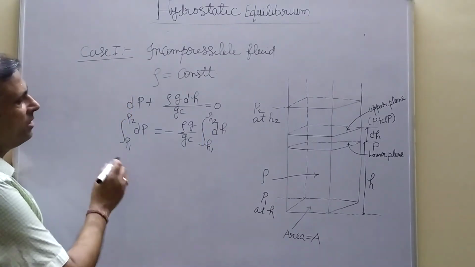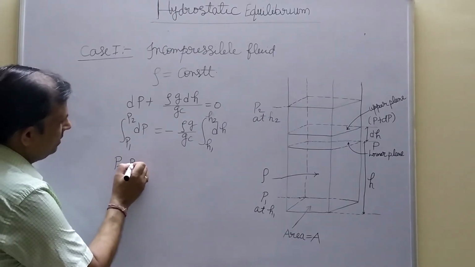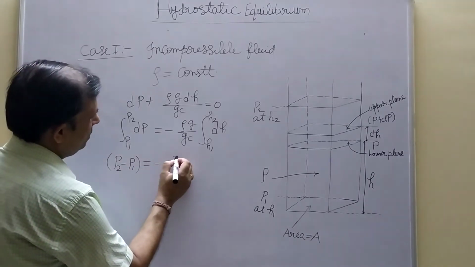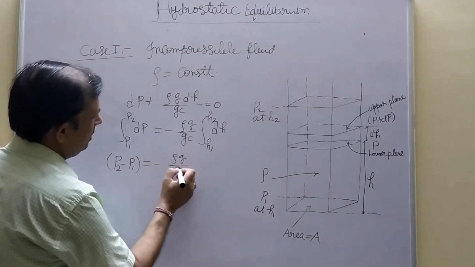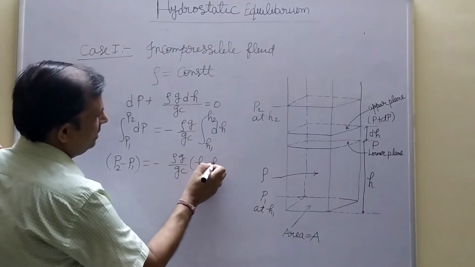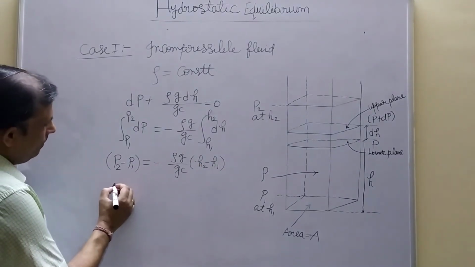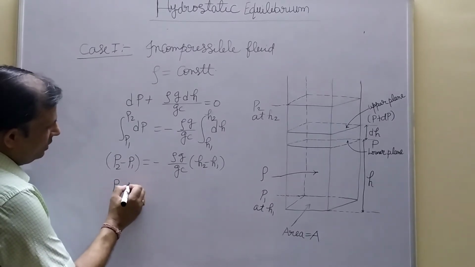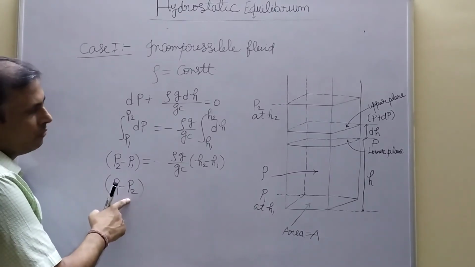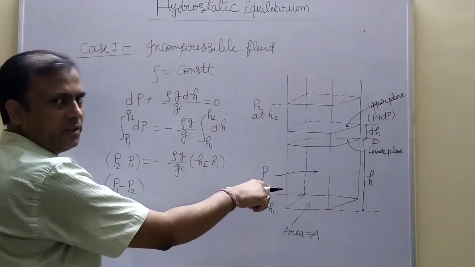Now we can integrate this, it will give P2 minus P1 equals minus rho g by gc times (h2 minus h1). If we remove this negative sign, it will equal P1 minus P2, with P1 greater than P2, because the pressure increases when the height of the column decreases.